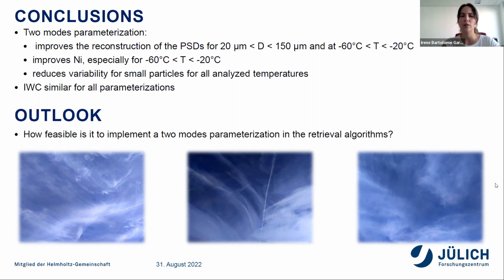For the very small particles, applying the two modes reduces a little bit the variability of the reconstructed PSDs. For the ice water content, all parametrizations deliver similar results. And now the question would be, how feasible is it to implement a two-mode parametrization in the retrieval algorithm?